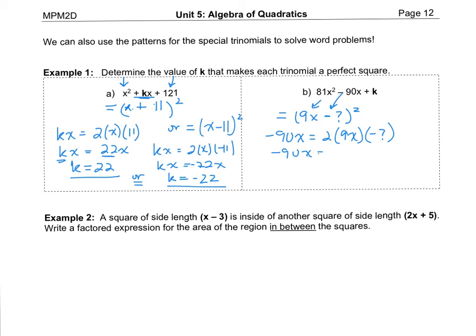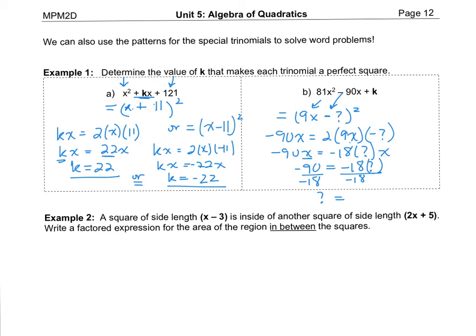So let's work this out then. Negative 90x would have to equal 2 times 9, which is negative 18, times the question mark times x. So in terms of this, it means that negative 90 would have to equal negative 18 question mark. I'm going to divide both sides by negative 18, and then I can figure out my question mark.